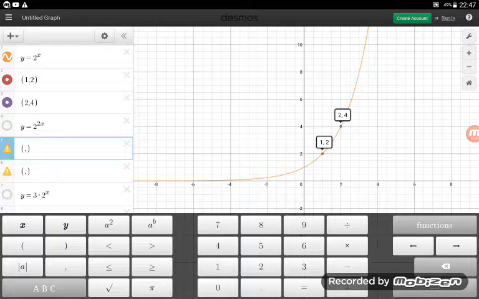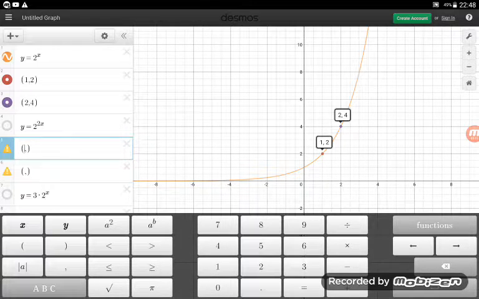Alright, welcome back. So by multiplying the x by 2, we have a horizontal compression. Remember, in chapter 1 we mentioned that whatever we do to the x is always going to be counterintuitive.